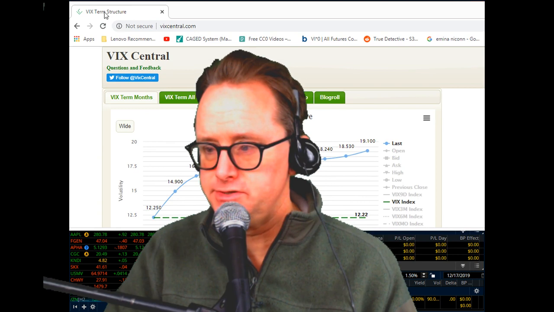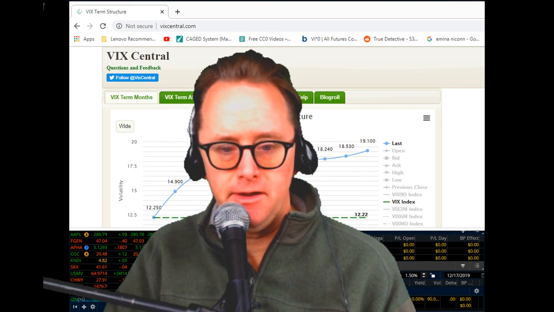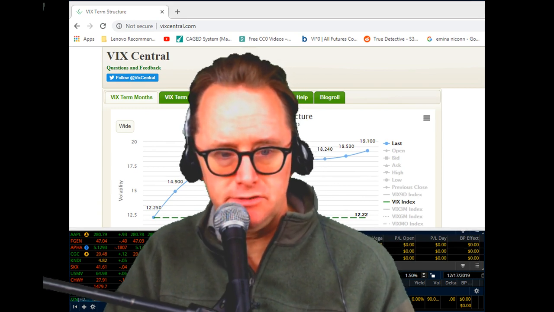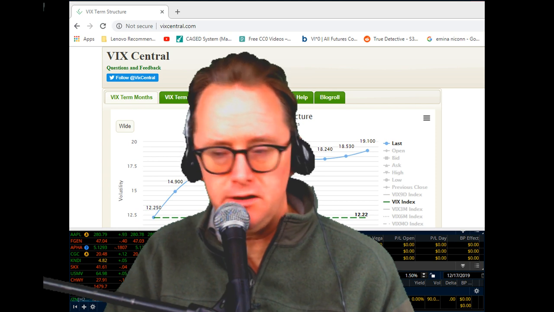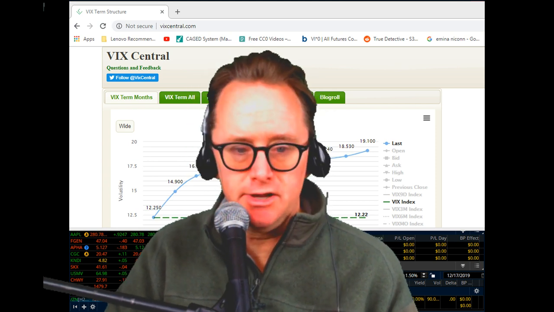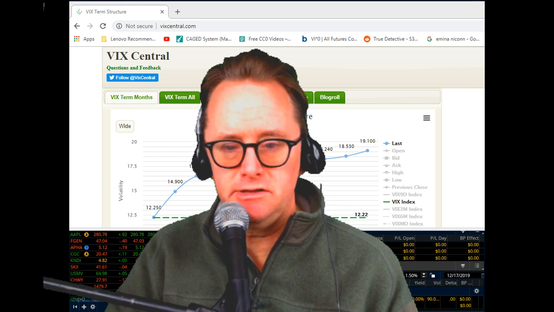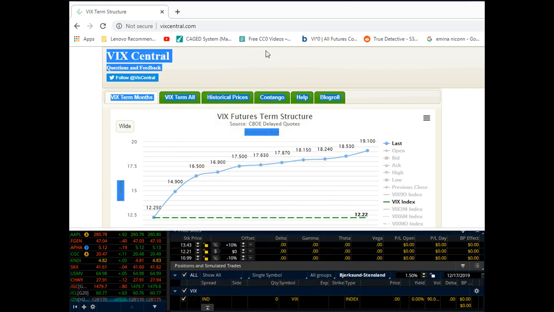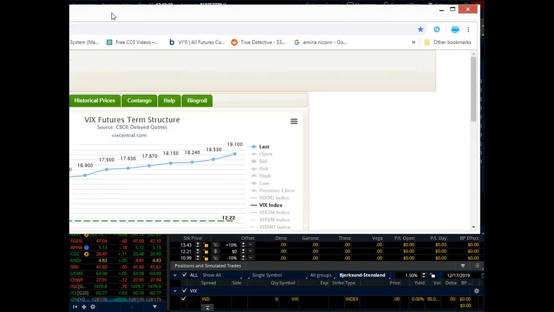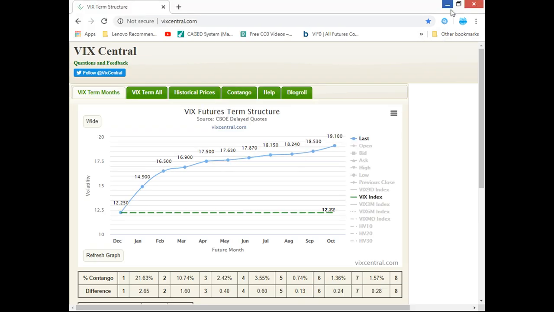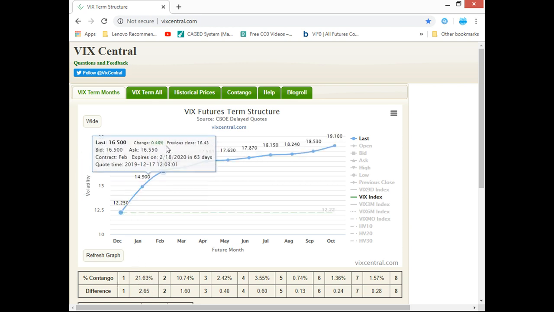So if I pull up this chart of VIX Central, and let me just check on my screen to see that I'm out of the way. If I pull up the chart of VIX Central, you're going to see that contango is listed on the bottom of the screen, and you see there's a 1. It says this is the front month contango between month 1 and 2.